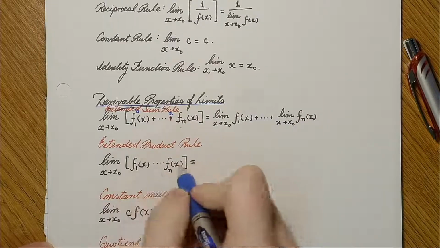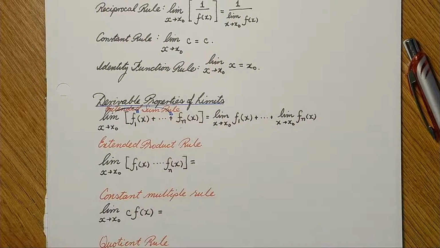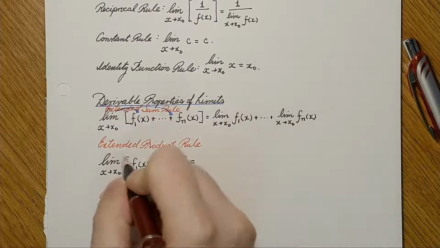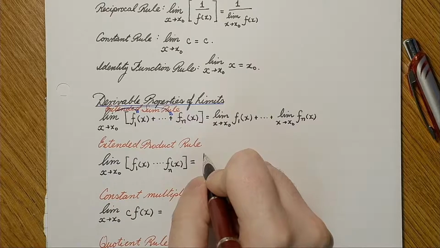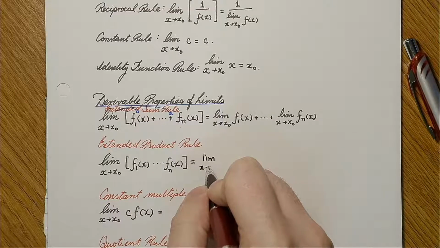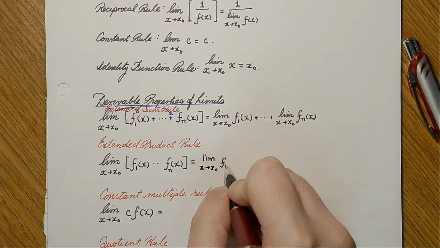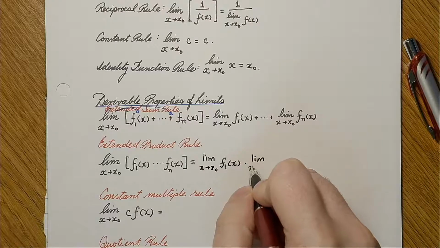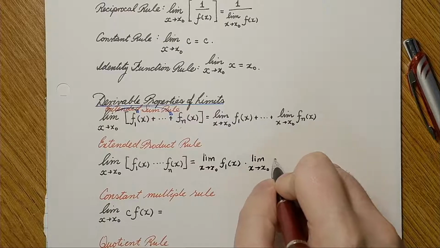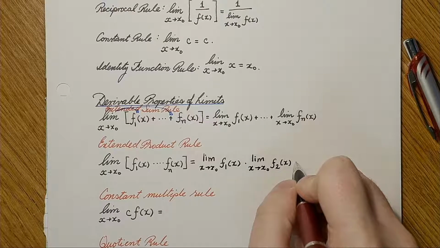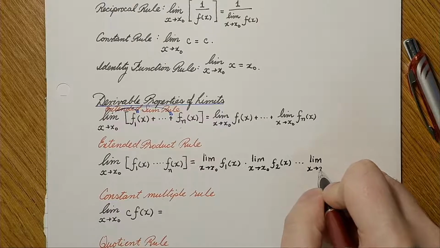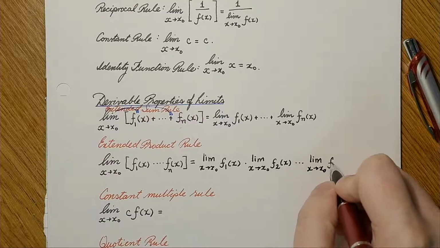And similarly, I can do it for when there's a product, that if I apply it to each individual function, then I can have the limit as x goes to x naught of f1 of x times the limit as x goes to x naught of f2 of x all the way up to f of n.